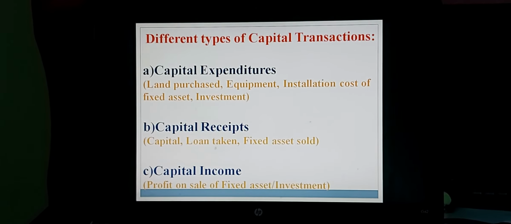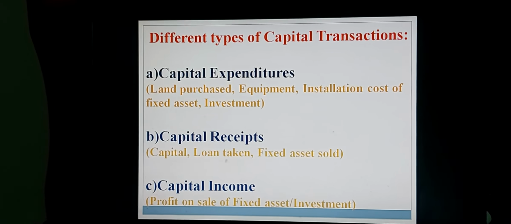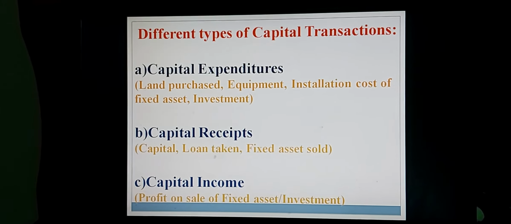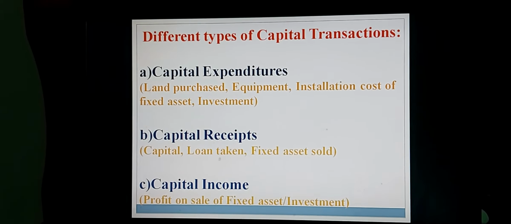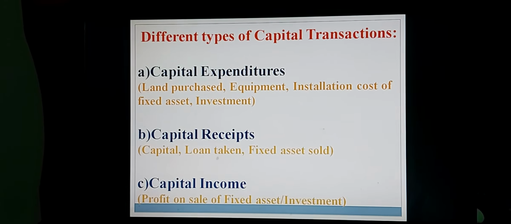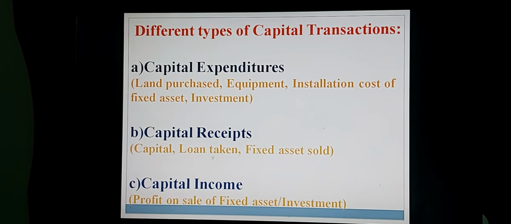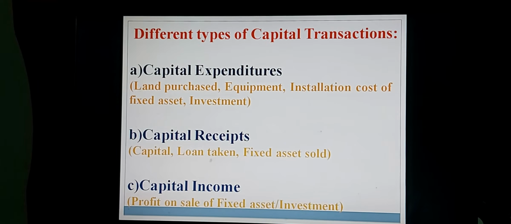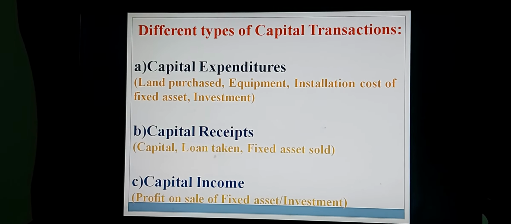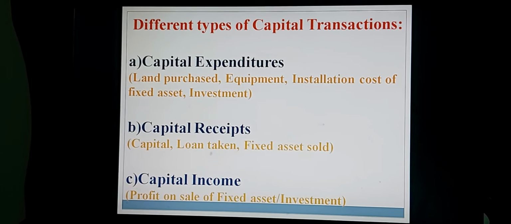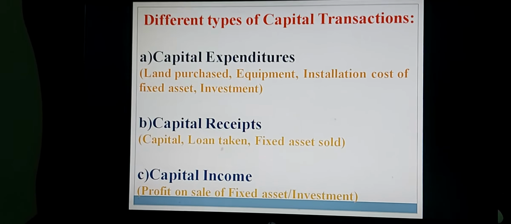Again, you are seeing on the screen three types of capital transactions available in your textbook. Number one, capital expenditures. Second one, capital receipts. Third one, capital income.